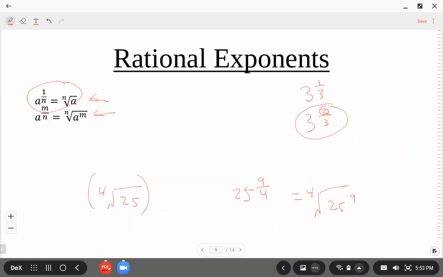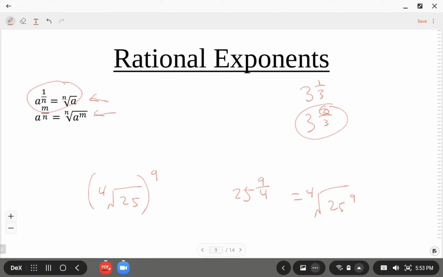After you take the 4th root, it's going to be a pretty small number, and a small number to the 9th is still pretty small. So first take a root, get a smaller number, and then take it to the larger exponent. But if you want to use the other way, you can, and that's usually for smaller fractions, smaller numbers.